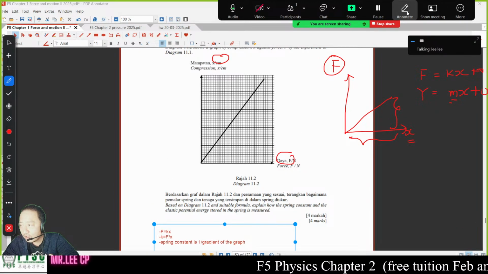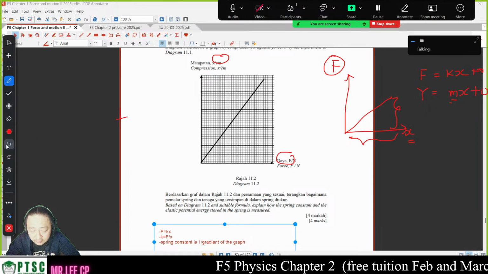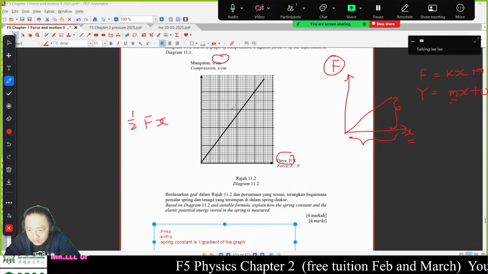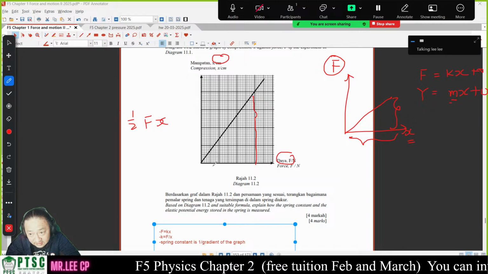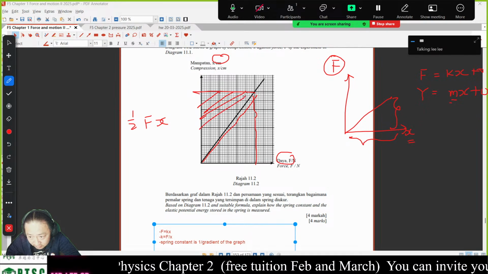So x is here, f is here. So half times f times x is the area under the graph here.